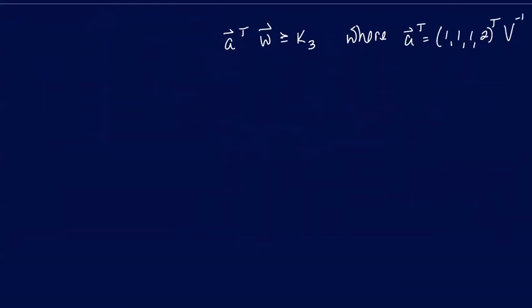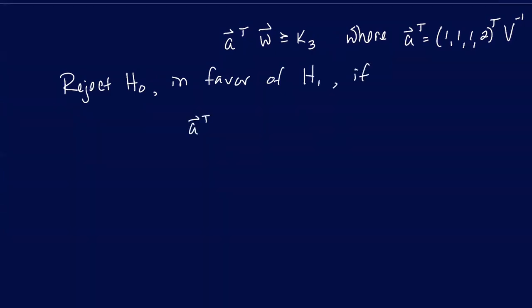So the form of our test is going to be to reject the null hypothesis in favor of the alternative if A transpose W is greater than or equal to K3. And the A transpose is completely known to us because we did write down the matrix V, although we haven't inverted it. I'm still hoping we can get away with not doing that.